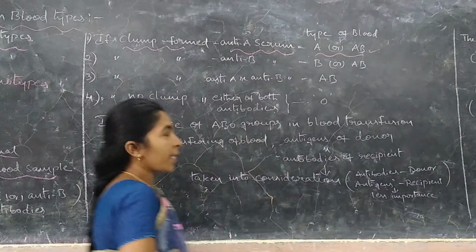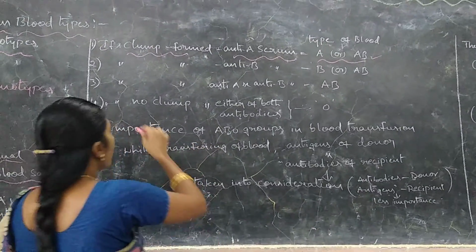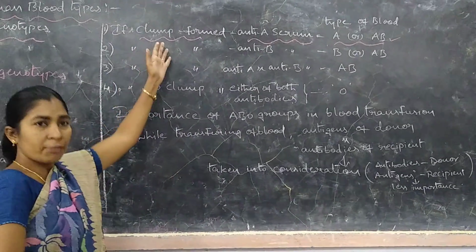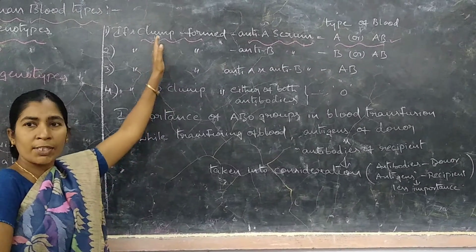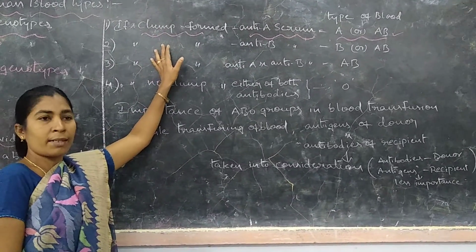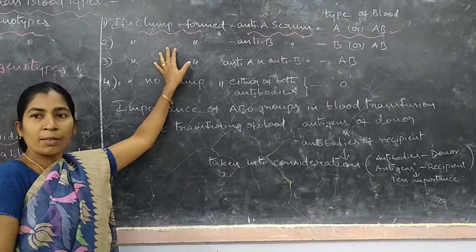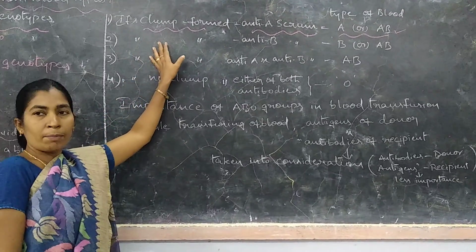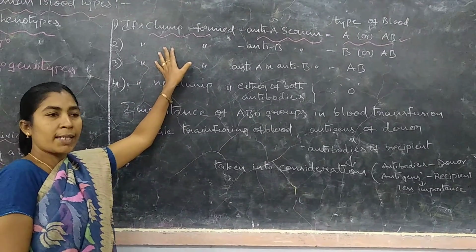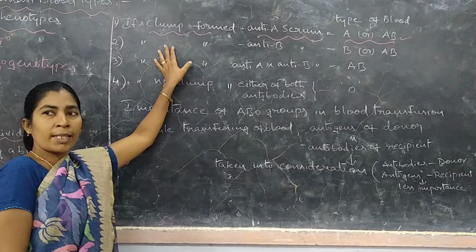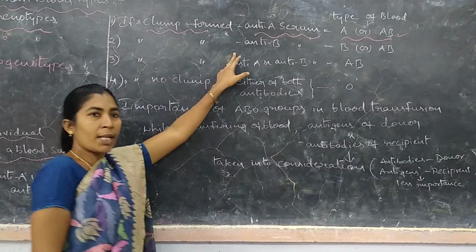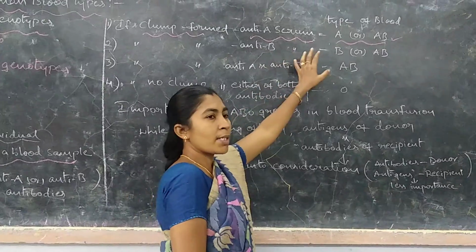That indicates A blood group or AB blood group. First of all, we cannot know which blood group the person has. So first we take one person's blood, then we mix the anti-A serum and observe for a clump.